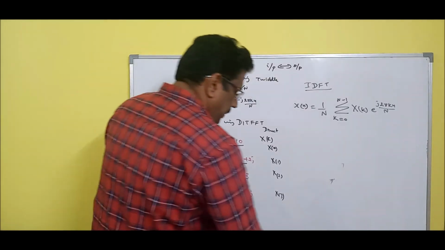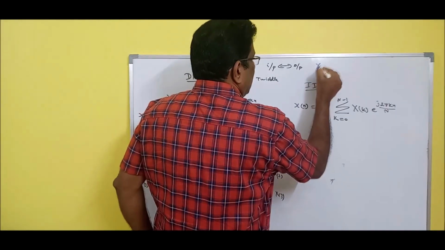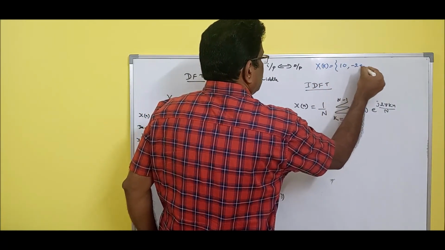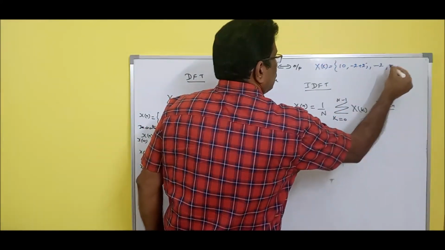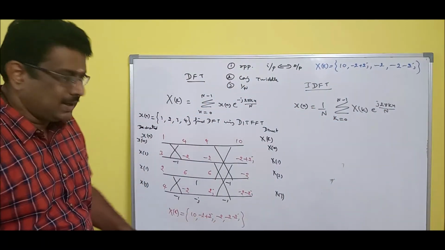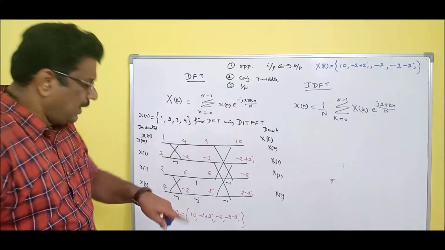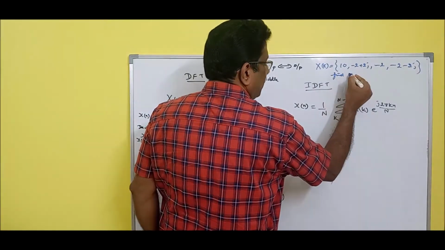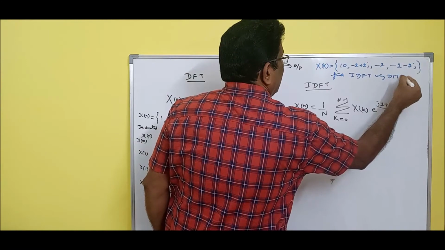Now let me make this the question. X of k equal to 10, minus 2 plus 2j, minus 2, minus 2 minus 2j. So this is the question. Reason: DFT is time domain to frequency domain. In IDFT, frequency domain to time domain. So the question is find the IDFT using DIT-FFT.